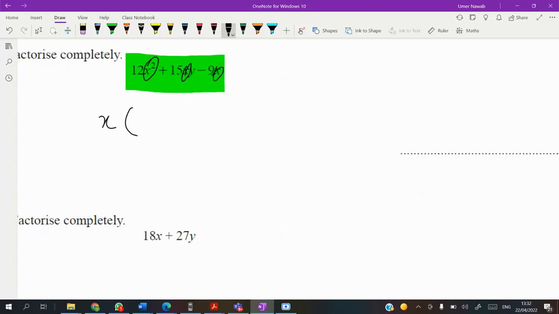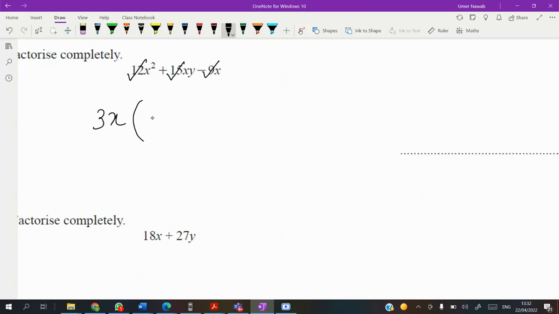So take the x common. Along with x, 3 is also common because 3 can divide 12, 3 can divide 15, and 3 can divide 9. So 3x is common. What is left inside? 4x plus 5y minus 3.